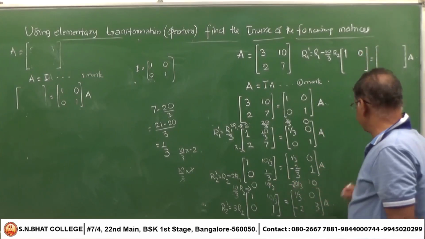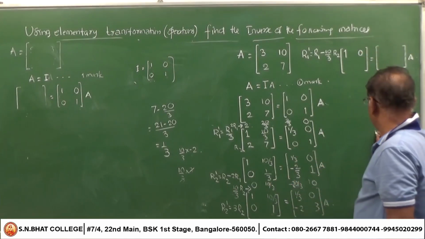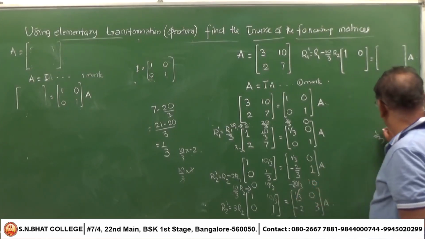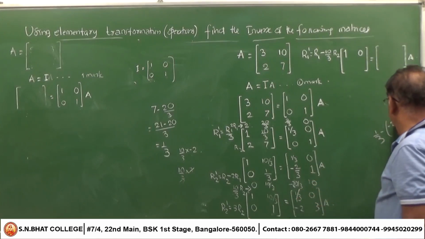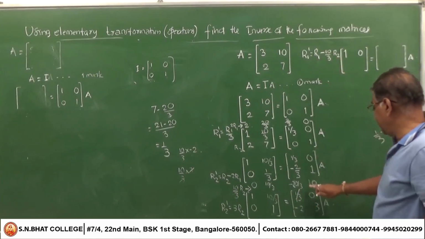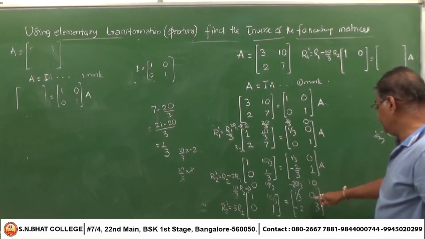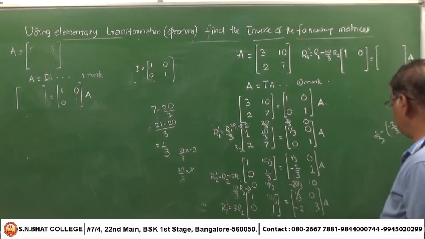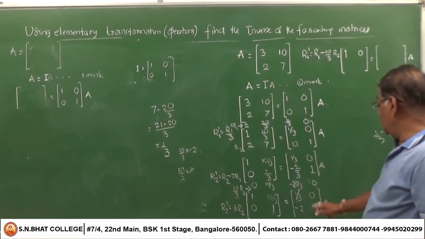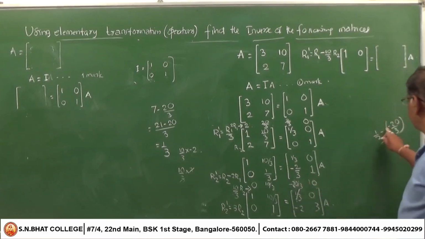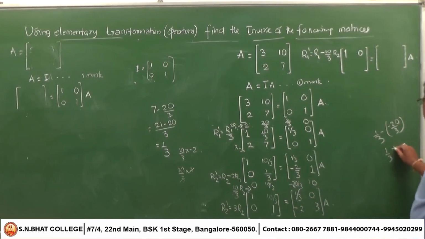Next, minus 1 by 3. Sorry, 1 by 3. R1 is 1 by 3, minus of minus 20 by 3. This minus this is 1 plus 20 by 3.